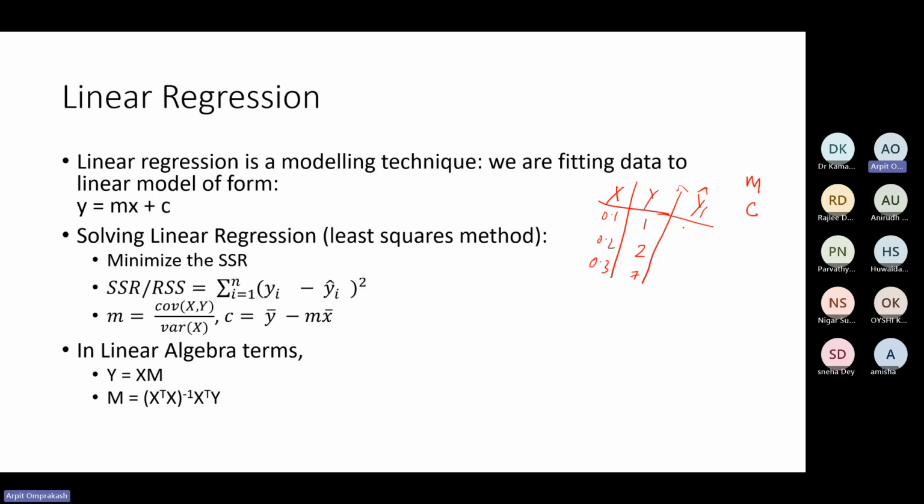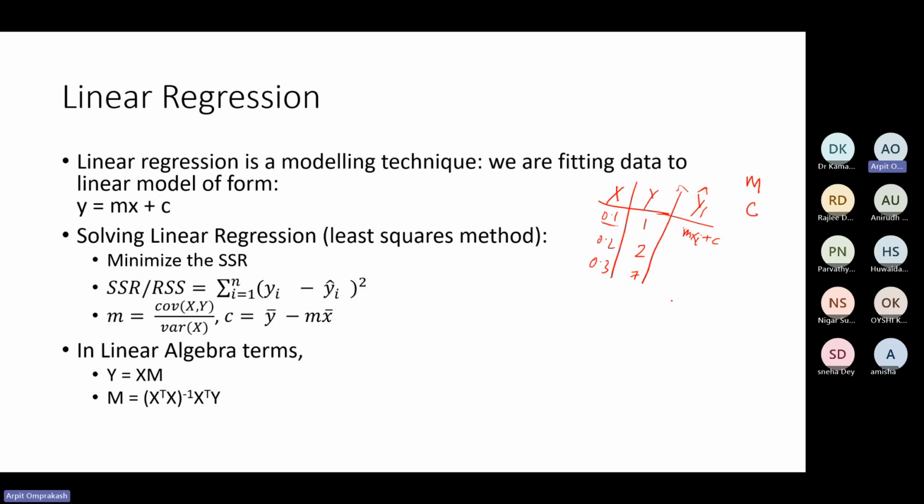What is the value of y that I expect here given this x value? So basically, this will be m xi plus c. In this case, it will be m into 0.1 plus c. In this case, m into 0.2 plus c, m into 0.3 plus c, and so on.